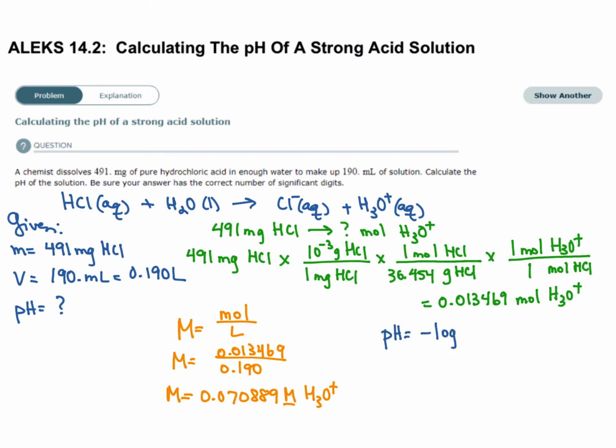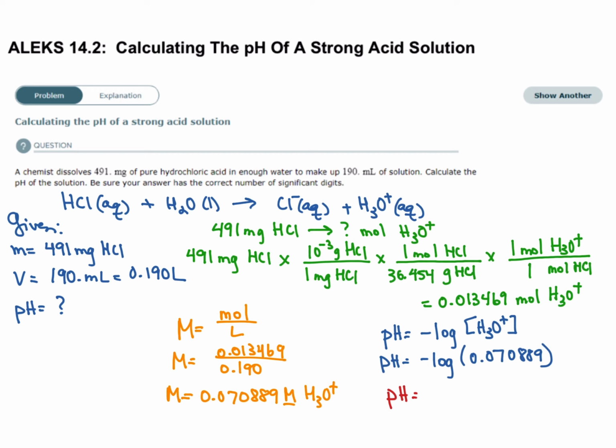pH is the negative log of the concentration of H3O+. And my final answer needs to be in the correct significant figures. So significant figures for pH really is all about decimal places.